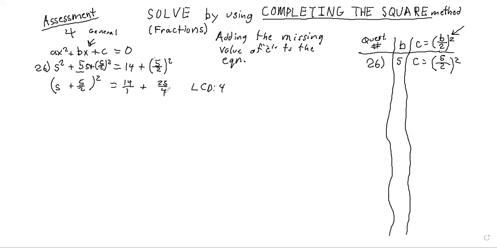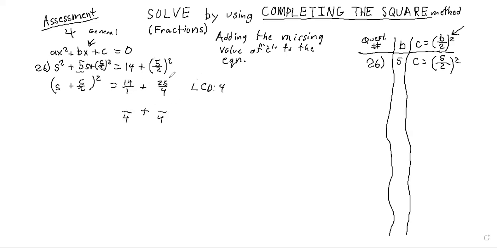It's the smallest number that both of these numbers can go into. So now we're going to rewrite both of these fractions in equivalent forms using a denominator of 4, because that is our lowest common denominator, our LCD.